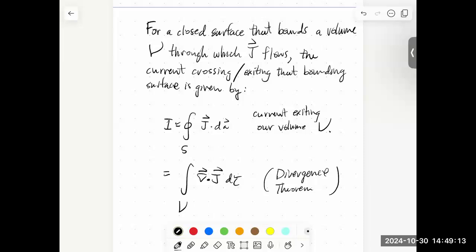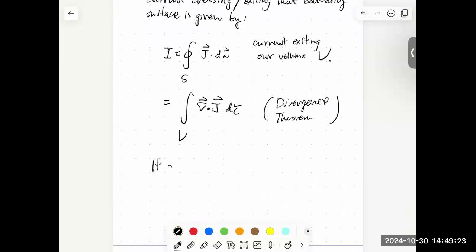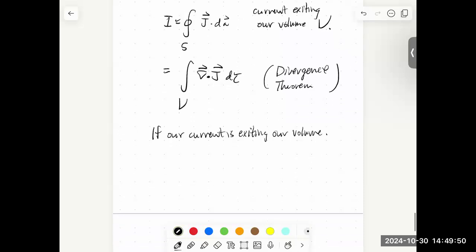Okay. So there it is. Well, if our current is exiting our volume, the reason I use exiting is because when we define a closed surface, the dA vector is always pointing out. And if I want J dot dA, a positive result of that dot product will be the flow of charge out of our volume. So that's why we keep saying exiting.